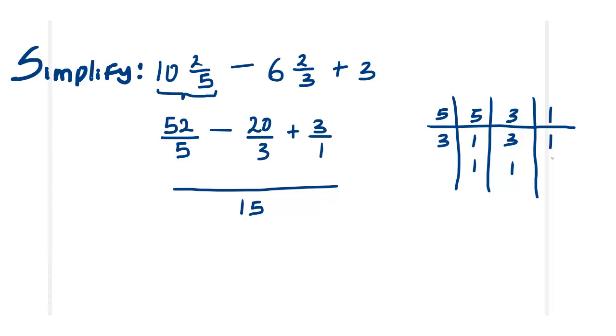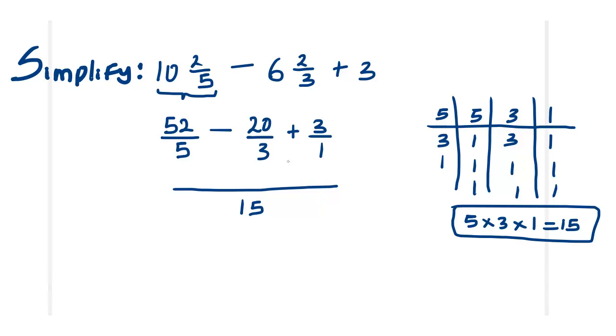And 3 in 1 is not possible, you return 1. So the next one is 1. 1 in 1, 1, 1, 1. So if you want to find the LCM, that is 5 times 3 times 1. That will give you 15. Though this I'm just showing you, so there are other ways that one can find the LCM. The easiest way is just multiply the denominator by all the terms there. Though it may give a larger value, it doesn't stop the actual solution.